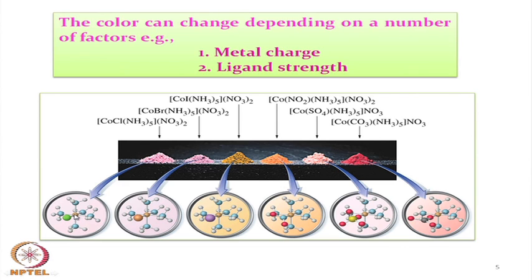So, when we have 5 cobalt-nitrogen bonds, due to cobalt surrounded by 5 ammonia groups, and one is due to the cobalt-chlorine bond, the color is this one. Now if the Cl is substituted by Br, we get this, and by iodo we get this one.